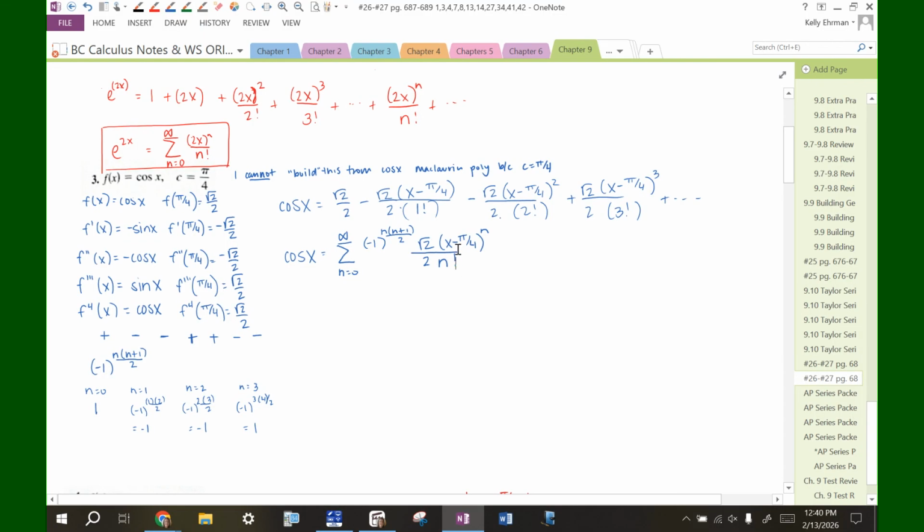So it has some pieces of the original cosine equation. We had there's like a 2n factorial, but this is not the same exact equation because it's not centered at 0. So don't try to build off of the original.